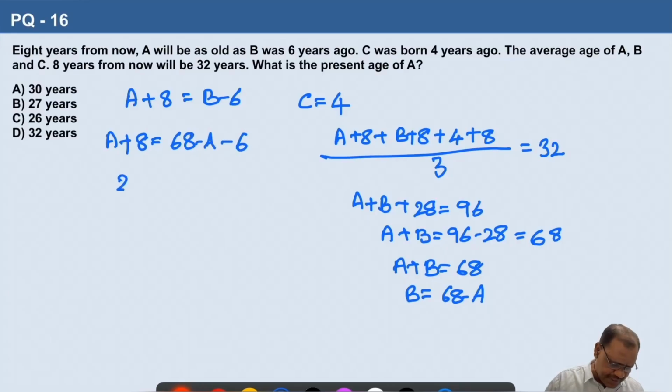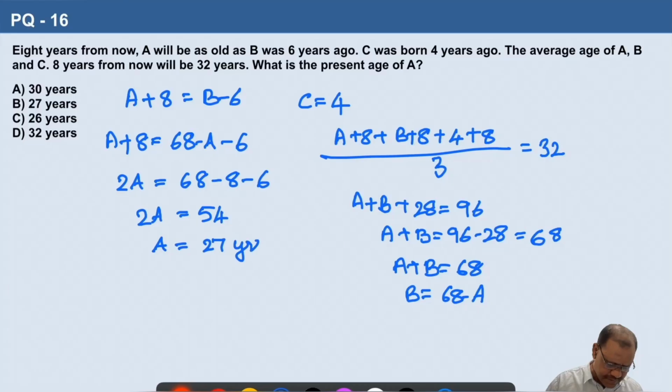So A plus A is 2A, 68 minus 8 minus 6. 2A is equal to 68 minus 8 is 60, 60 minus 6 is 54. So A is equals to 27 years. So present age of A is 27 years. So option B is the correct answer.